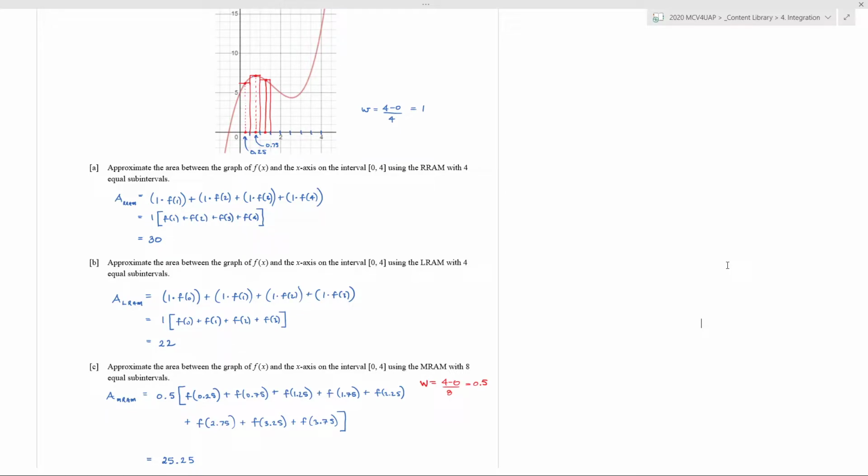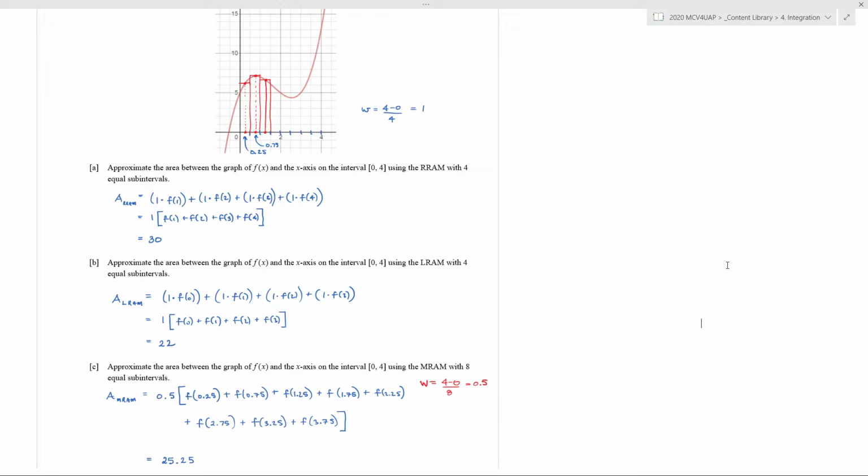The reason I take 4 and 0 is because that's the interval on which I'm looking for the area. And I'm going to divide that distance from 0 to 4 by 8, and that will give me the width of each rectangle, or the width of each subinterval.